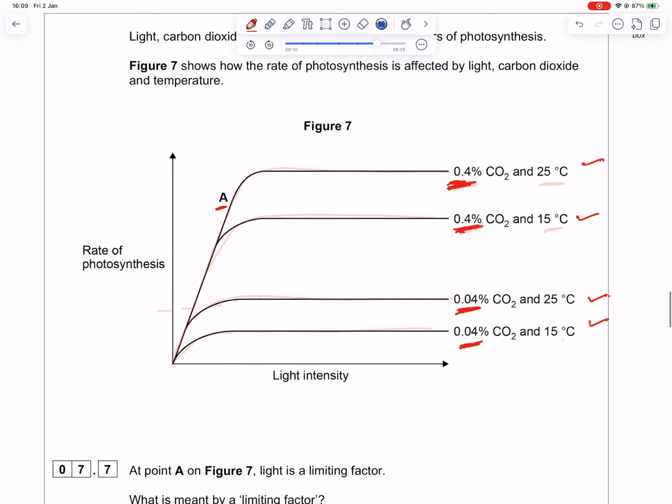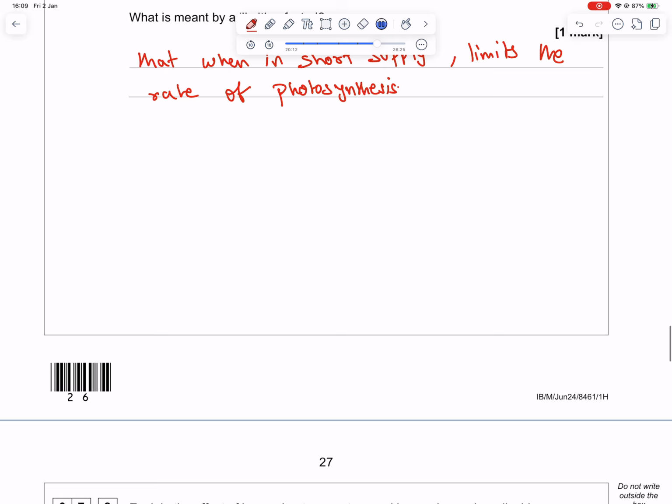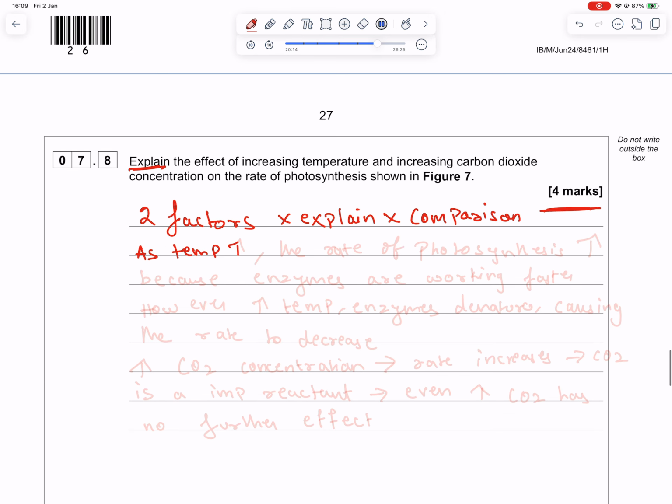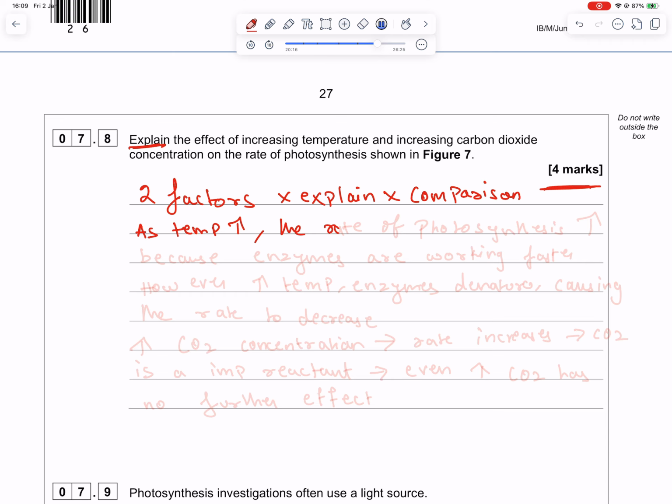So we are going to write, as temperature increases, the rate of photosynthesis is increasing because the enzymes are working faster.